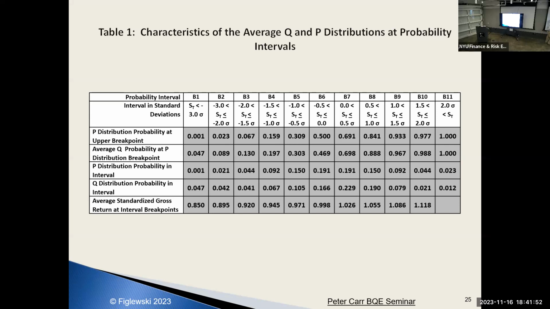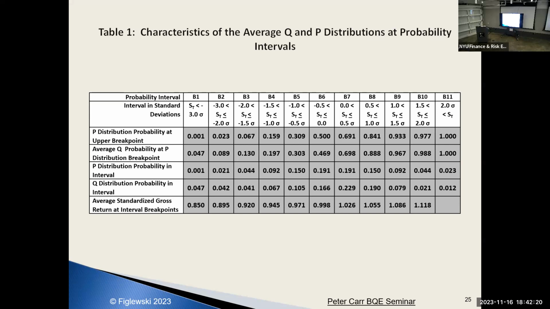The P distribution at the break point here. Right? So the P distribution at -3 standard deviations is 0.001. At -2 standard deviations, 0.023, and so forth. Right? This level is the Q distribution at -3 sigmas on the P, right?